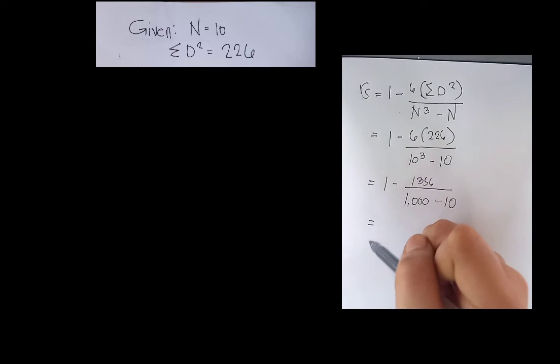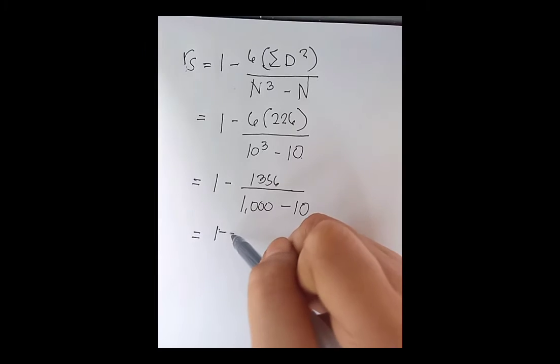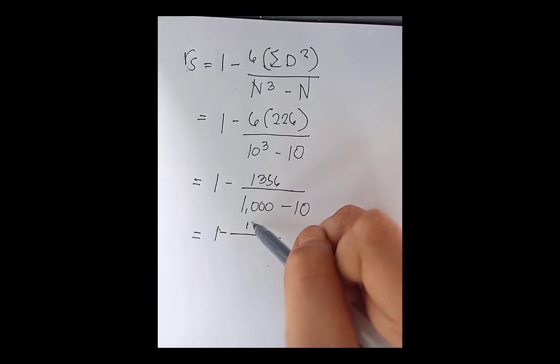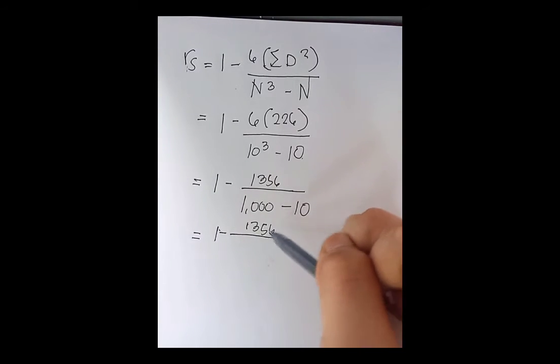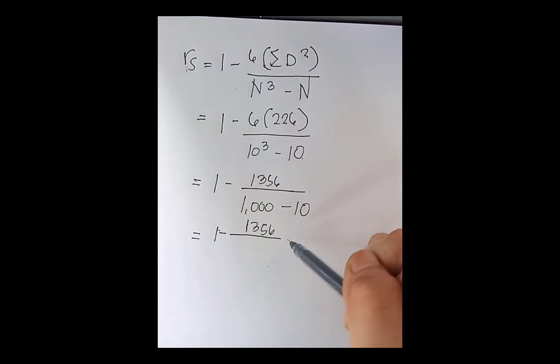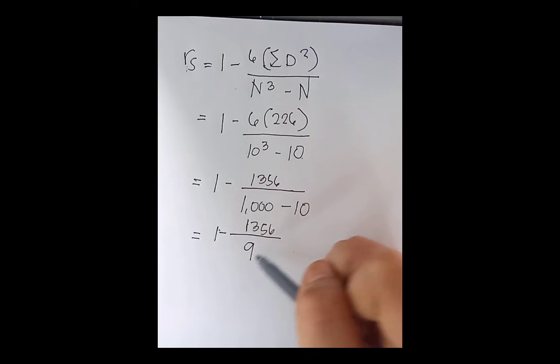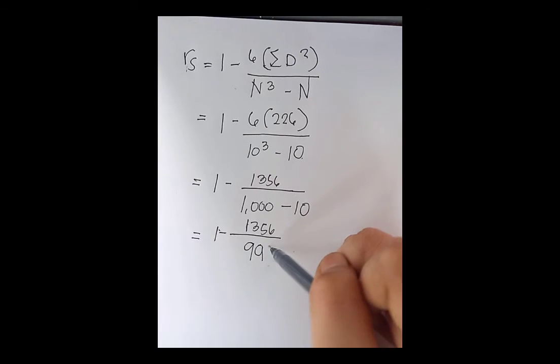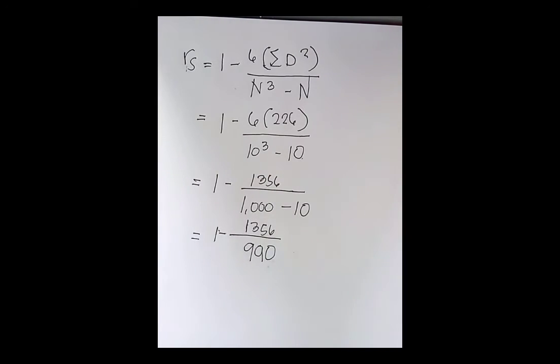Now, 1 minus 1,356 divided by 1,000 minus 10, which is 990.